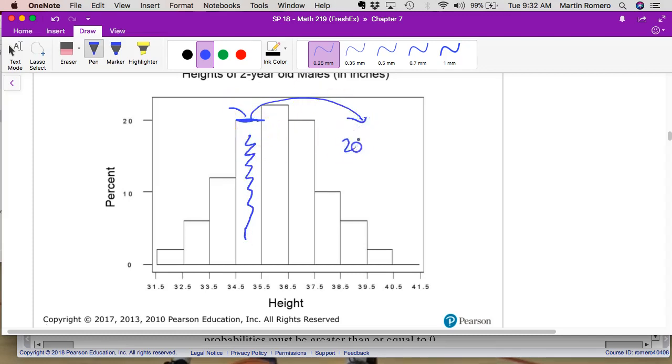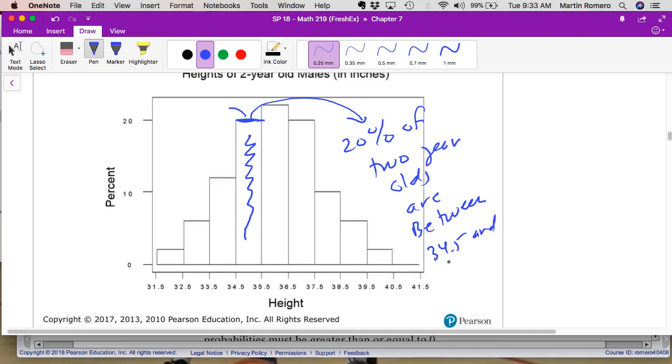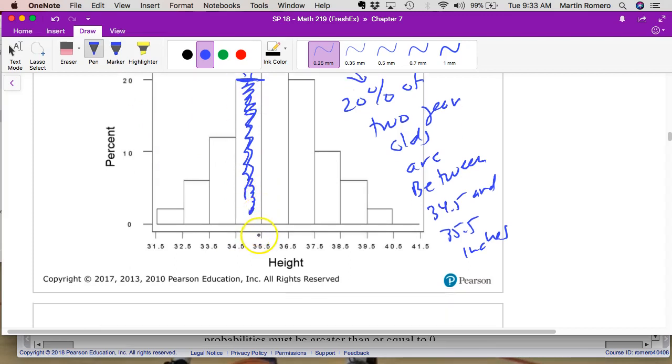That bar means that 20% of 2-year-olds are between 34.5 and 35.5 inches tall, right? And so that's the interpretation. We make a histogram, and this bar represents the percent of people, 2-year-olds, that are between 34 and 35. That's what that bar means.